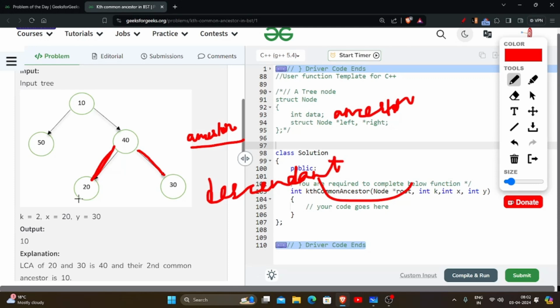That means they should lie on the lower levels, and descendant means both of the nodes should have either a parent or a grandparent relation, or either one is a parent and one is a grandparent relation.